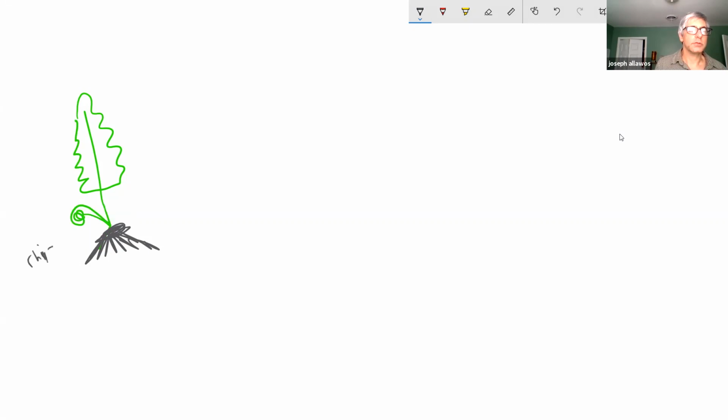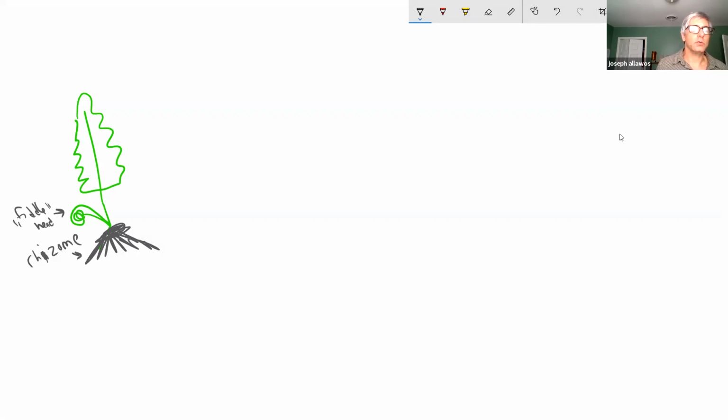We talked about rhizomes before. A rhizome's an underground stem, right? Which is a perennial structure. Think about ginger as a rhizome. So there's the rhizome, which keeps it alive through the winter or through the off season. There's a fiddlehead. Okay, and then this is the frond.